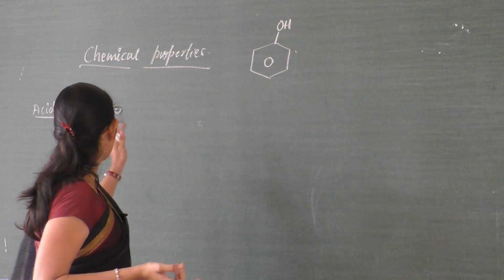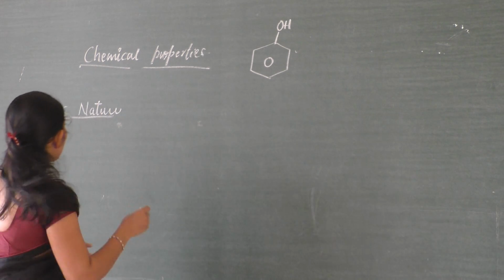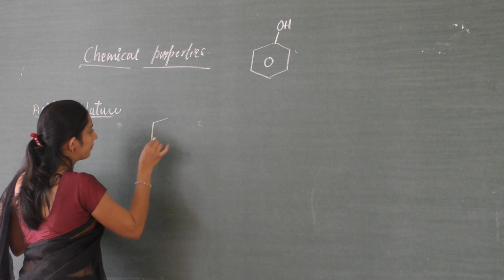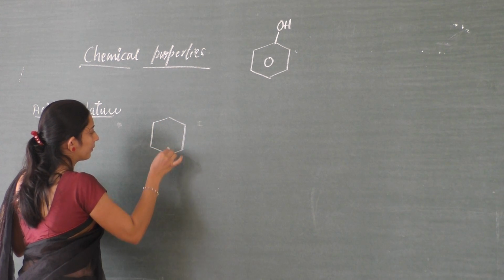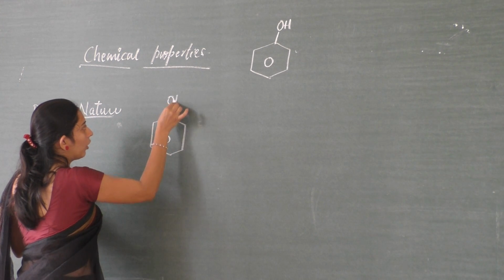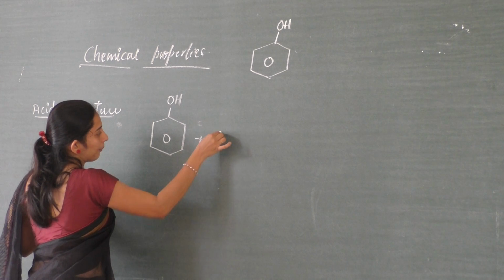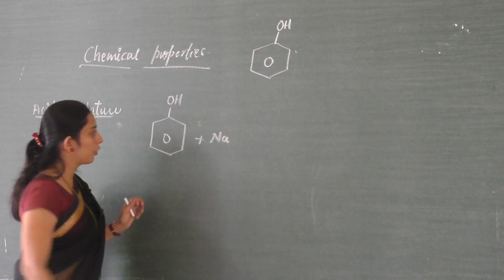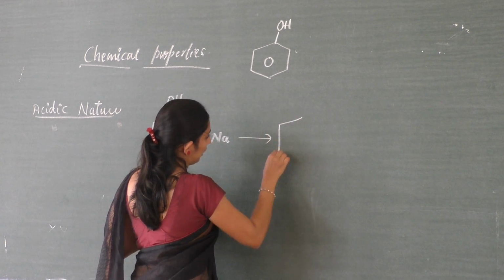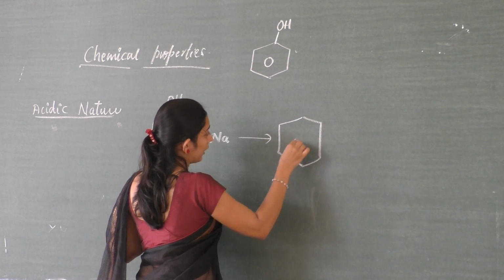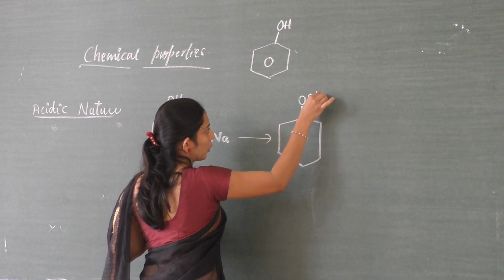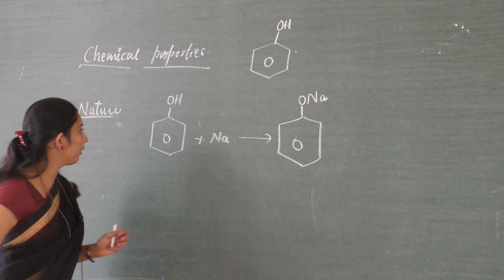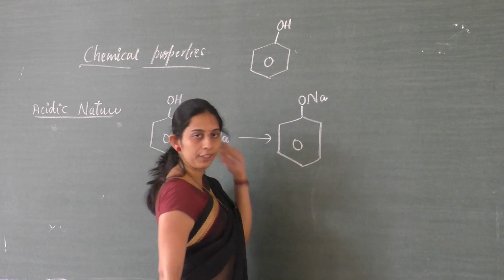In the same way, phenol reacts with the metal to form an alkoxide. So here sodium phenoxide will be formed with the liberation of H2.